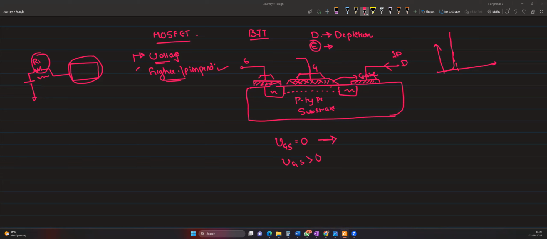After the threshold point, even if you increase it, it is not going to change. There is another plot, for various gate voltages.